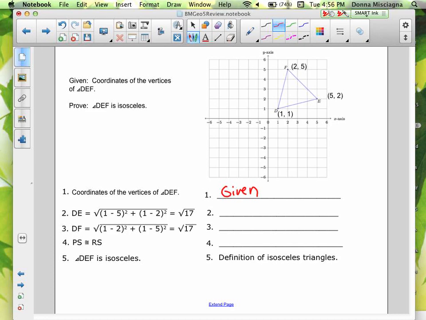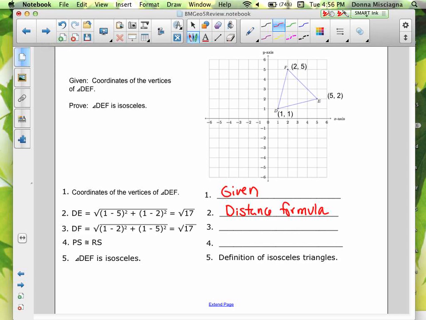So you can see here that in step 2, we've used the distance formula to justify the length of segment DE. So segment DE is the square root of 17 units long, and we know that because we used the distance formula.